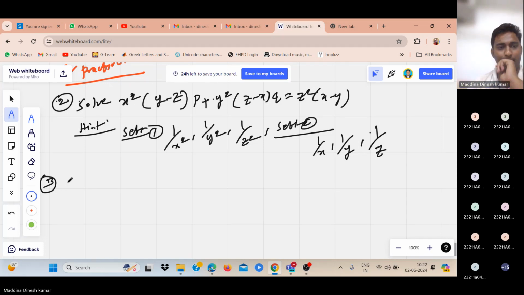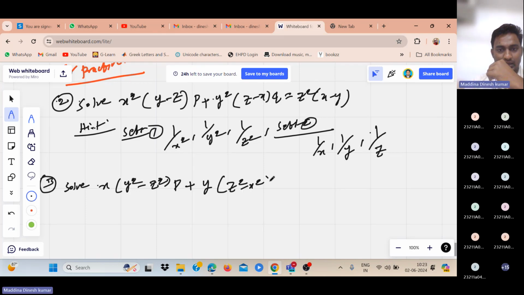Solve x into y square minus z square p plus y into z square minus x square q equal to z into x square minus y square.